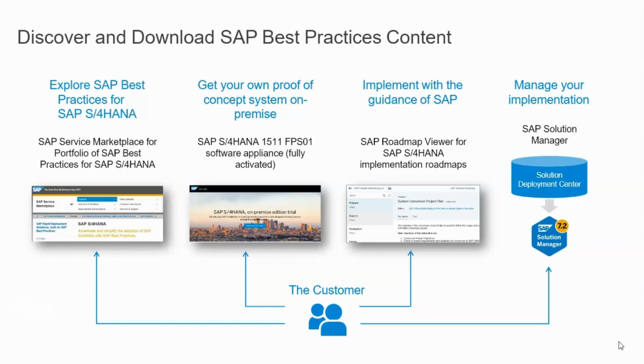Then we have a complete guide to SAP implementation using the Activate roadmap, already available on help.sap.com. Manage your implementation: Solution Manager is already available. If you have already installed Solution Manager, you can make use of that, or I'm going to teach you about Solution Manager more in the coming sessions.